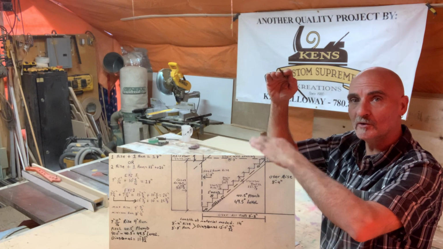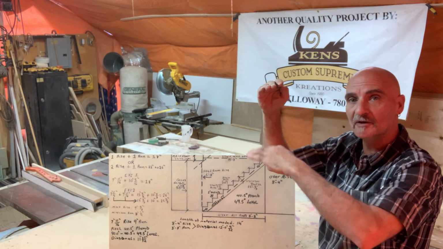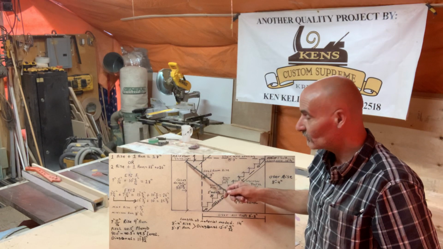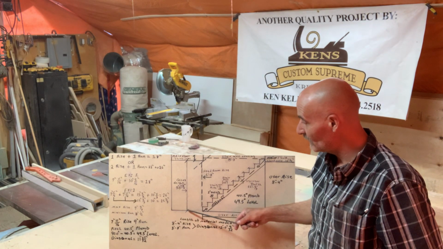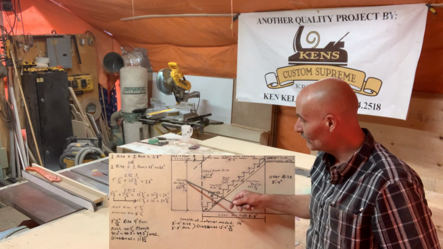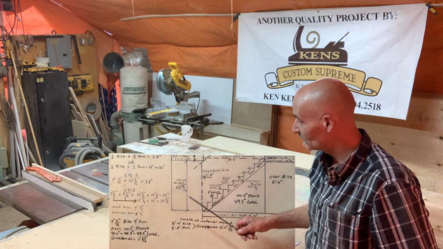No drywall or nothing like that, the underside is just the bare floor joists. That's called the ceiling height. You need to know that, and that's basically right from the concrete floor up to the underside of the floor joist.